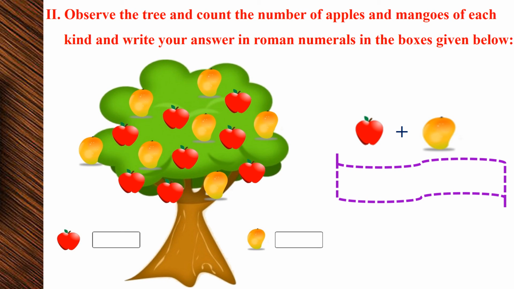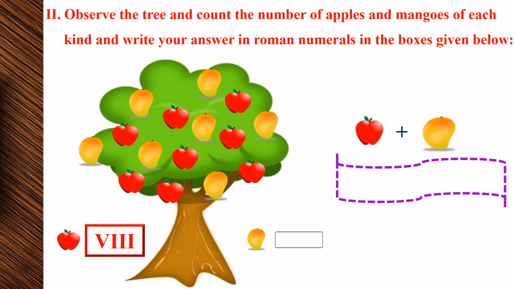Second, observe the tree and count the number of apples and mangoes of each kind and write your answer in Roman numerals in the boxes given below. So, let us count how many apples are there. 1, 2, 3, 4, 5, 6, 7, 8. So, there are 8 apples.